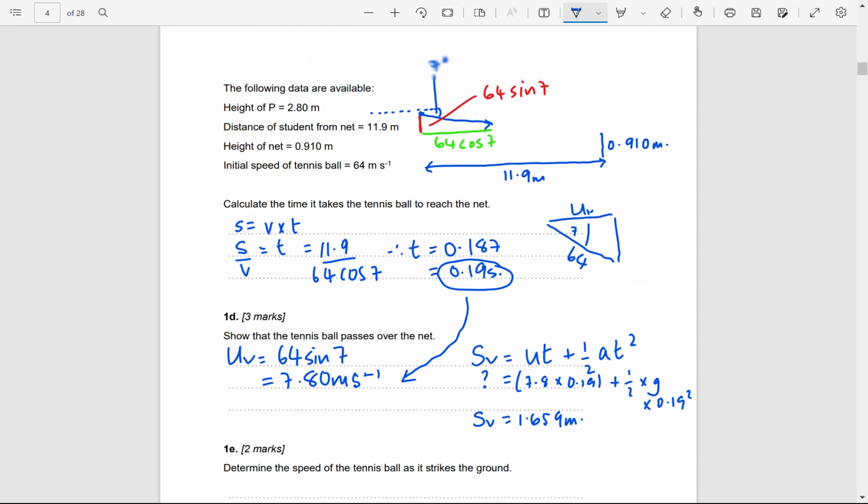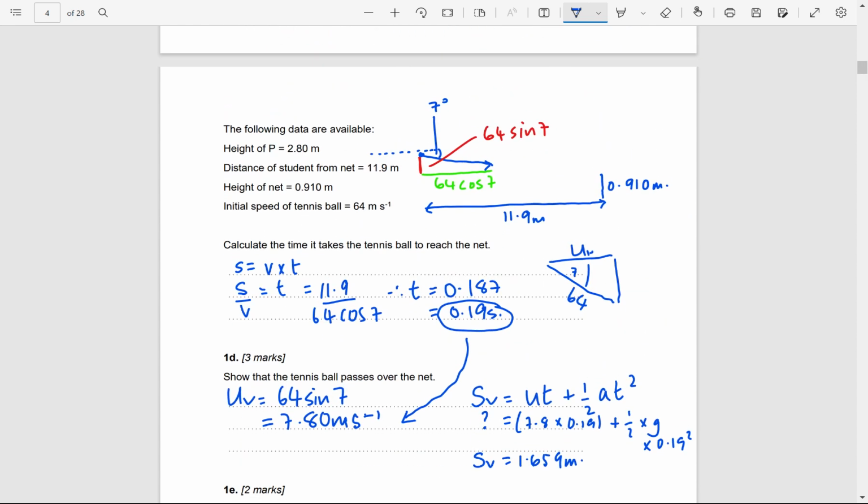All right, so 1.659 is the magic number.